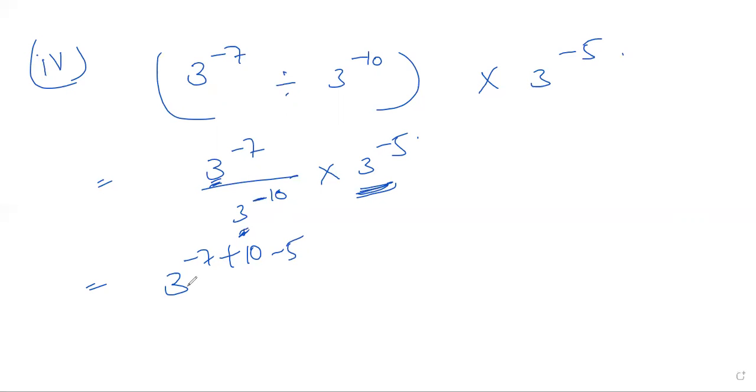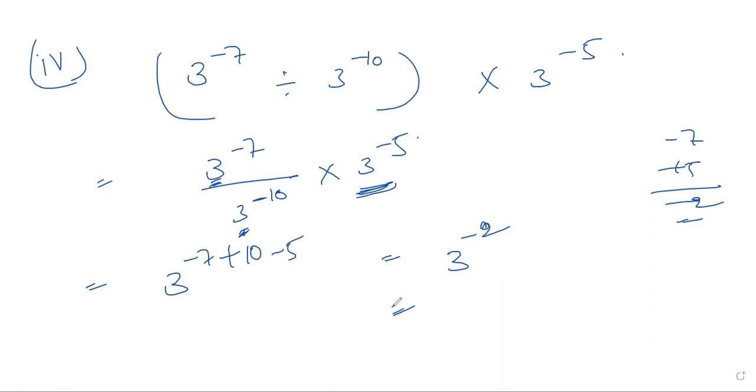So we can write it as 3 to the power of minus 7 plus 10 minus 5. That is equal to 3 to the power of, 10 minus 5 is 5, minus 7 plus 5, that is minus 2. 3 to the power of minus 2.